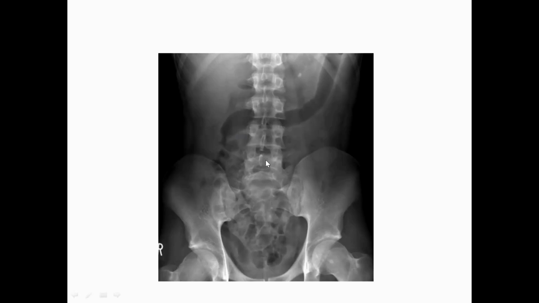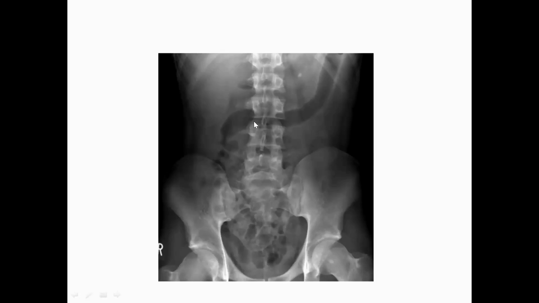If you look here, this is a small bowel. This is a normal small bowel here. You can see a small central gas shadow. But if you look here, this is the large bowel. It's the transverse colon, hepatic and splenic flexure, and then it comes down as the descending colon.